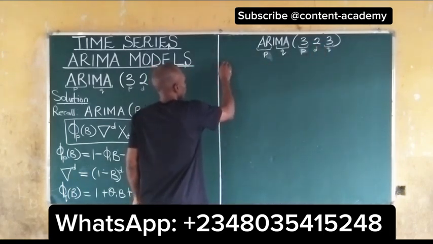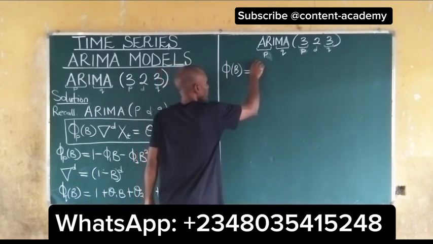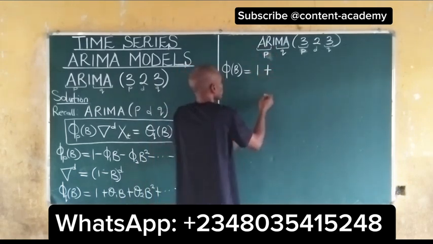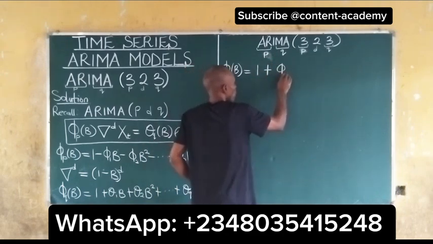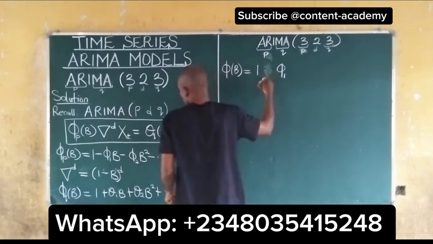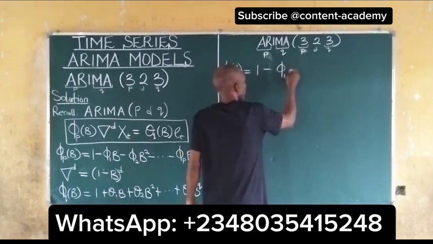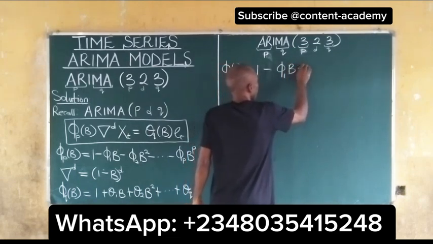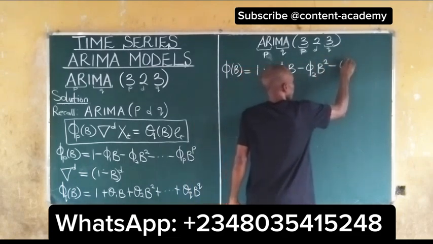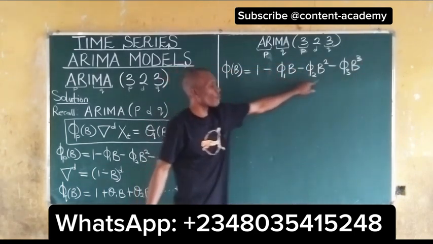So it then means that our autoregressive part will have it as 1 minus phi 1 B minus phi 2 B squared minus phi 3 B raised to the power of 3. This is of order 3.